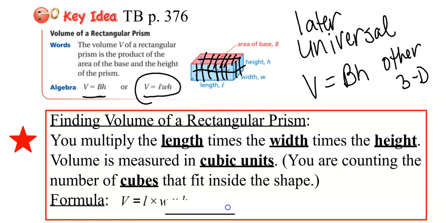And then the formula that we're going to use is length times width times height. Now, you know I don't like to use x's when we get to the sophisticated equations. So most times you'll see it written like that. But I decided to go ahead and put the x's for multiplication just so that you remember that variables next to each other means multiplication.